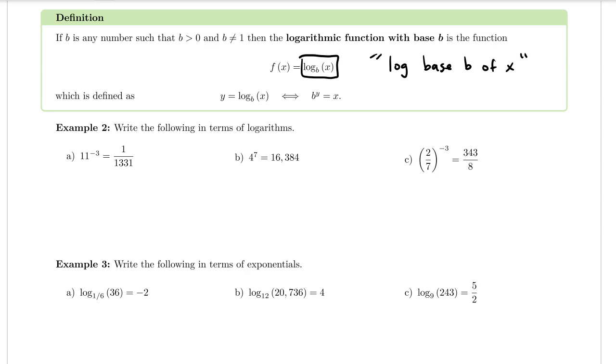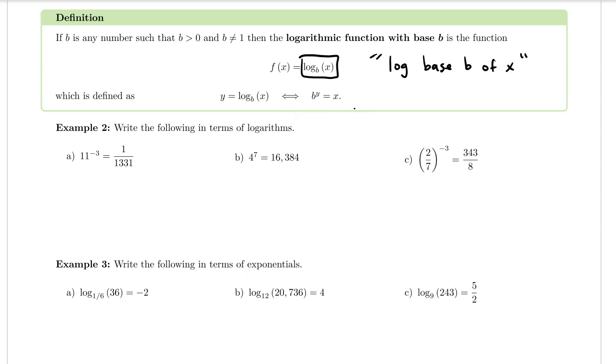The way that we define a logarithm is such that y equals log base b of x is true if and only if, which is what that double-sided arrow means, b to the power of y is equal to x.